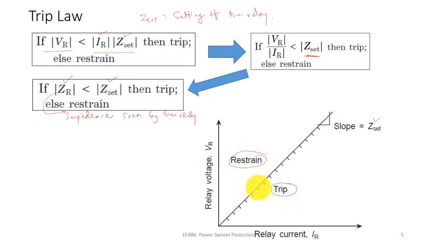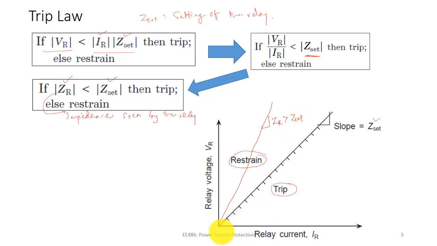That means if I plot a line here at this point, whatever slope I get is your ZR. So here ZR is greater than Z set.